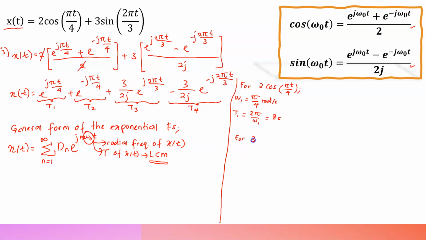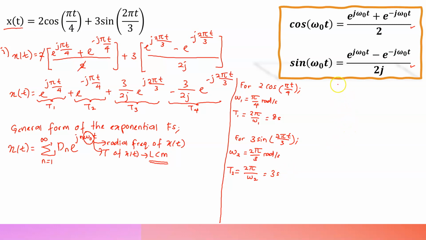For the second signal, 3 sin(2πt/3), let's call the radial frequency ω2, which equals 2π/3 radian per second. So the period for the sine function is 2π over ω2, which equals 3 seconds.